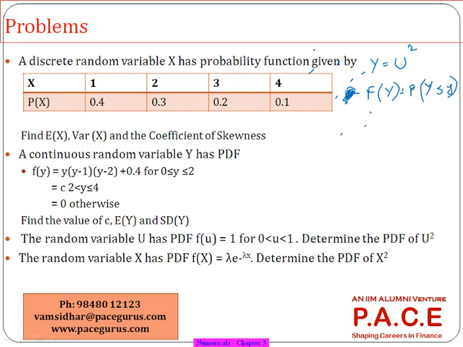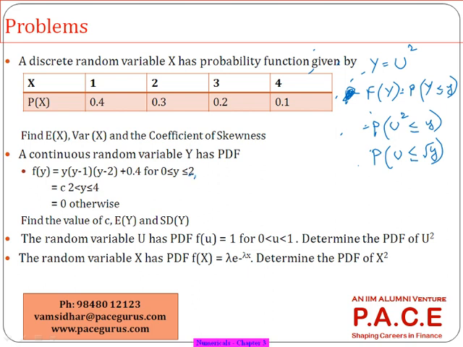Now if I substitute, it is the probability of u squared less than or equal to some y, which is also nothing but the probability of u less than or equal to square root of y.